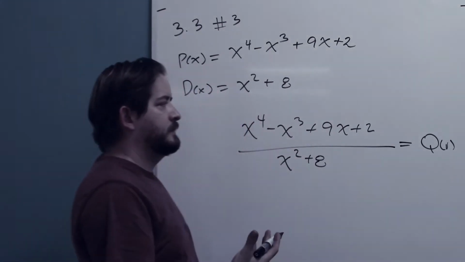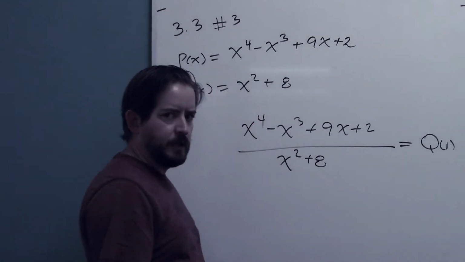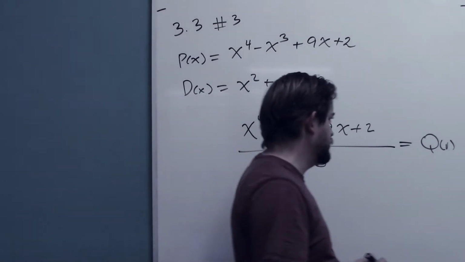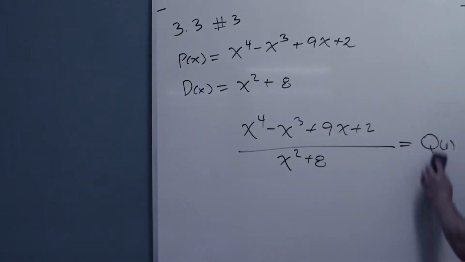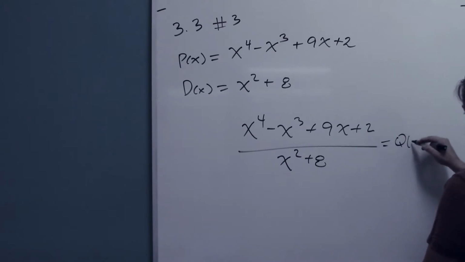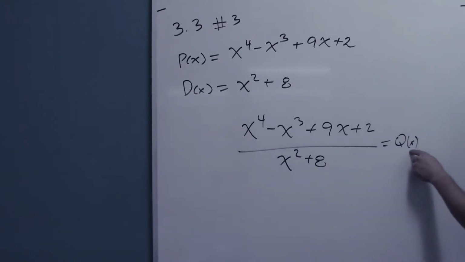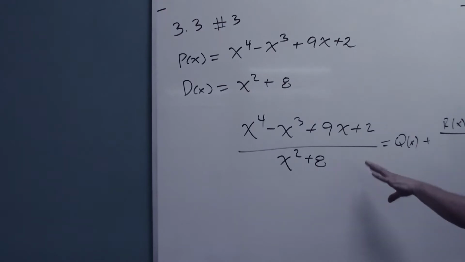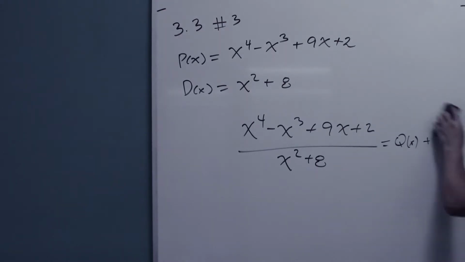But it doesn't always go evenly, right? So this quotient will be some function of x, a new function, but it might have some remainder that I can't divide by. So R of x, I'm going to back up and start using symbols here for a moment.